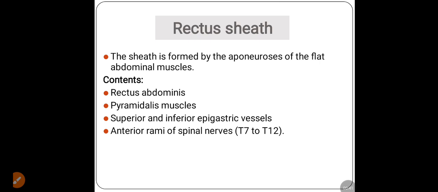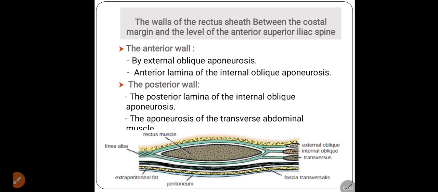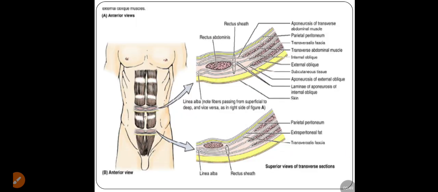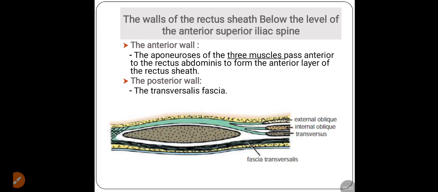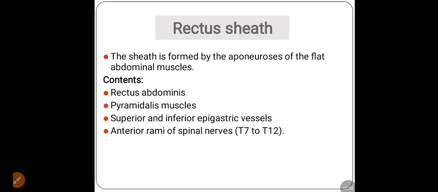What are the contents of this sheath? The contents include rectus abdominis and pyramidalis muscle, superior and inferior epigastric arteries, and thoracoabdominal nerve.